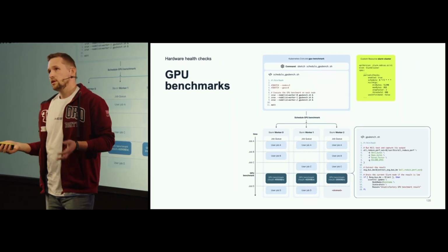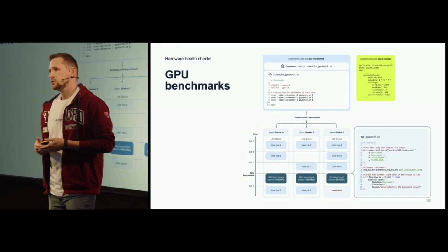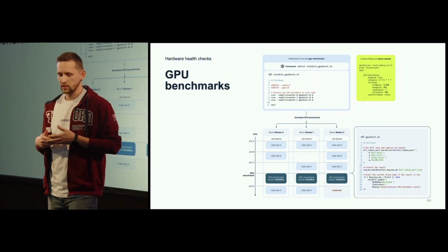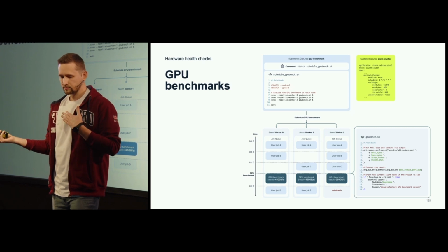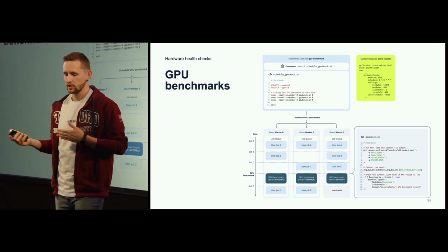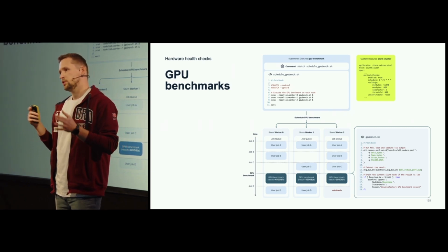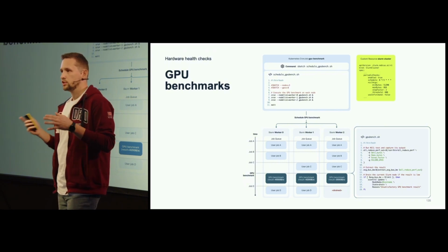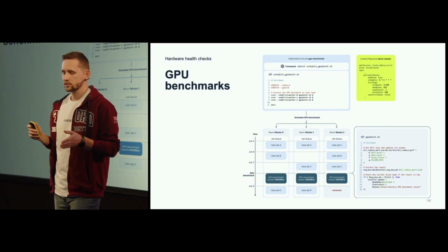Also, in real life, we understood that hardware can be unreliable. And this is why we run periodic checks, some benchmarks or health checks, to understand whether everything is okay with Slurm or not.